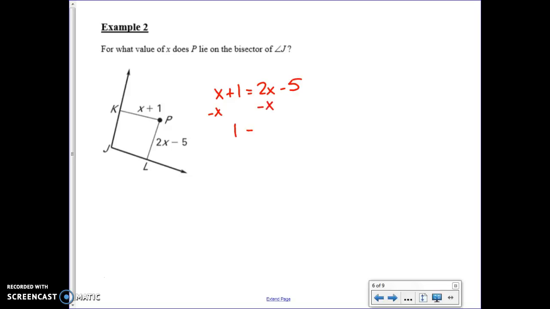Or sorry, 2x minus 1x is 1x. So 1 equals 1x minus 5. Then I need to add 5 to both sides. So for what value of x? x equals 6. It didn't ask us to plug back in, so we're finished there.